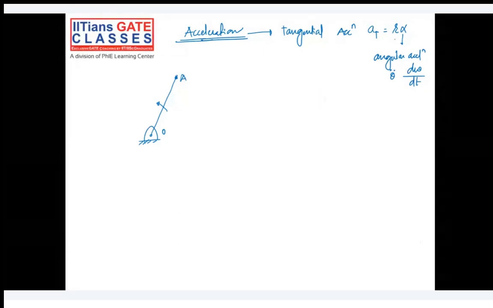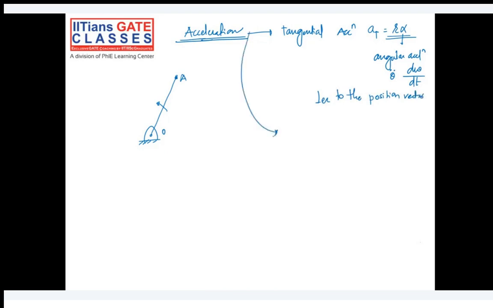Centrifugal means away from the center and centripetal is towards the center. So this component of the acceleration is always acting toward the center of rotation, and the value for this will be r omega square.